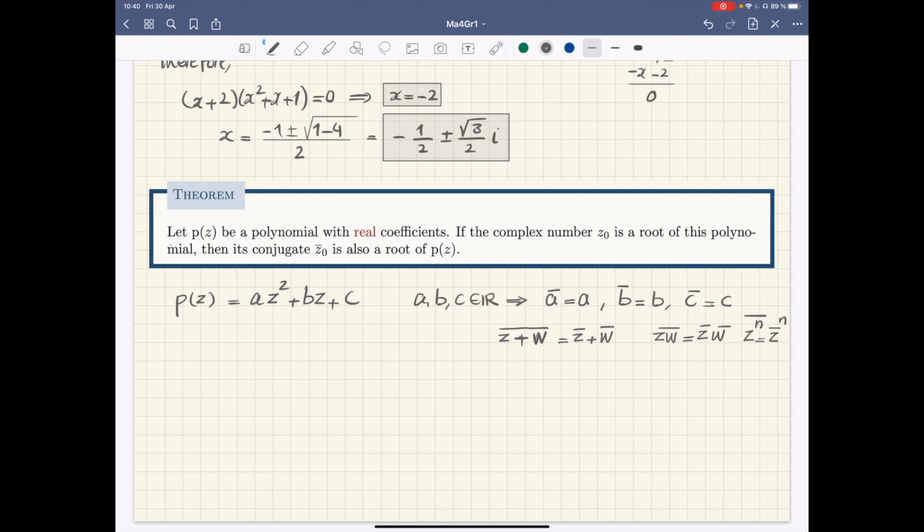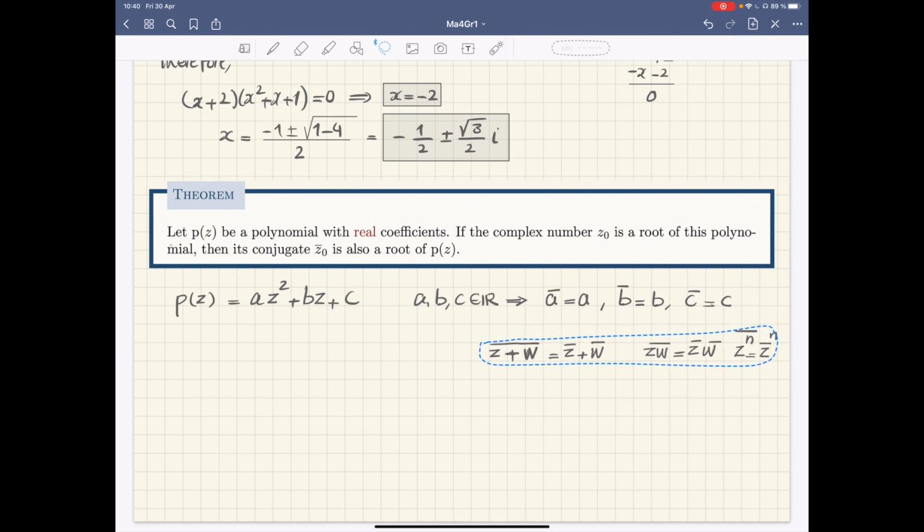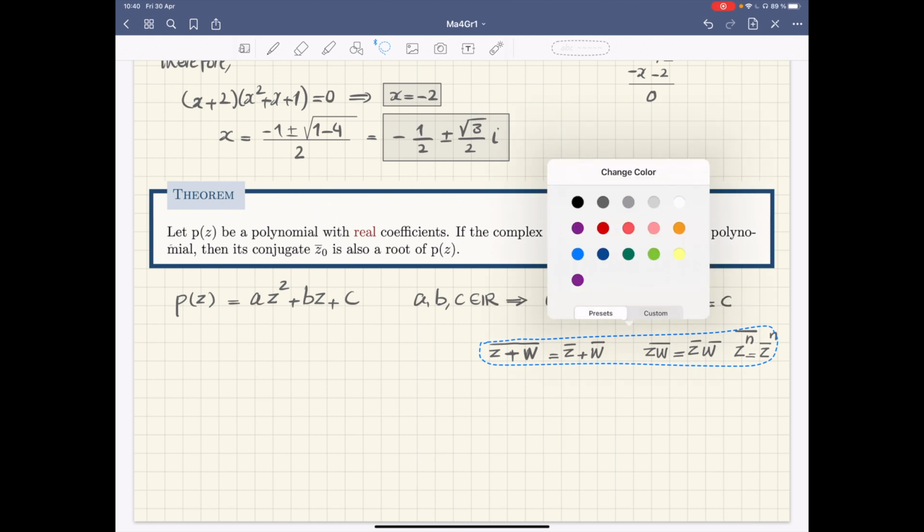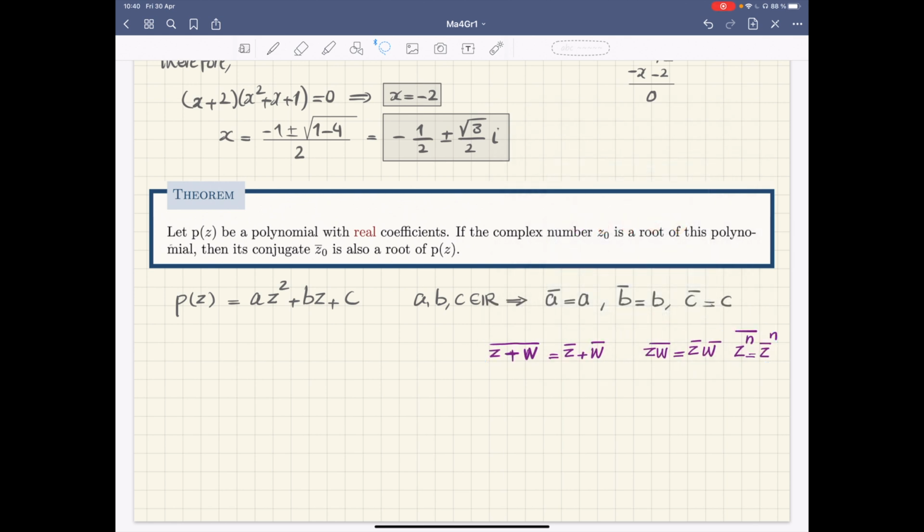I should have written them in a different color. So let me change the color, for example, to purple, and I can put this in a box. This is one of the things that we studied, and I told you that this is important to know. Hopefully it will work.